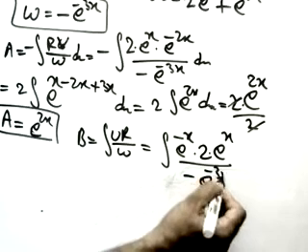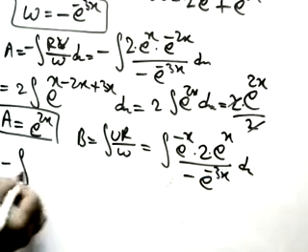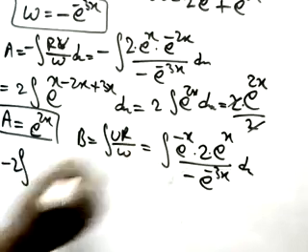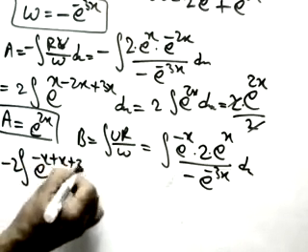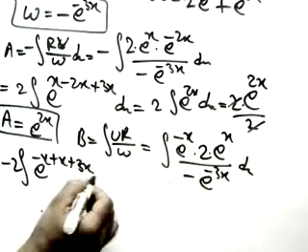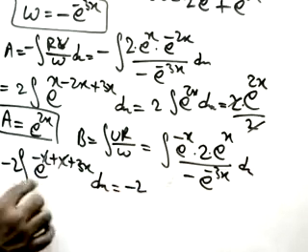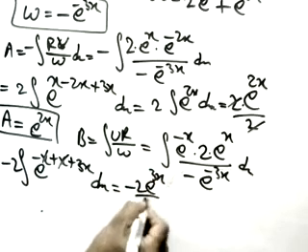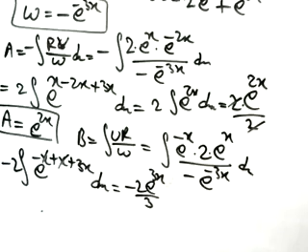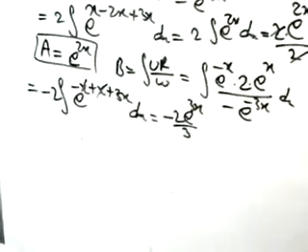W is minus e power minus 3x, dx. Now take minus outside, minus 2 also outside. Now we add the powers: minus x plus 3x. Minus 3x, if you bring it up, will be plus 3x. Minus x plus x cancels. Minus 2 into the integration of e power 3x, which is e power 3x, but with x we are having 3, so divide by 3. So now we got A and we got B.